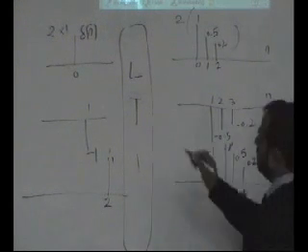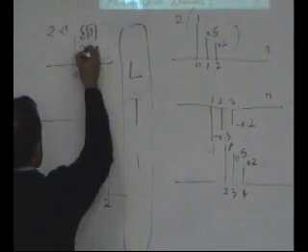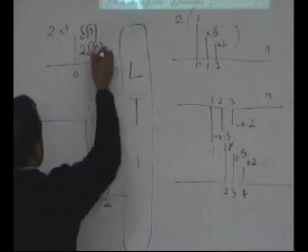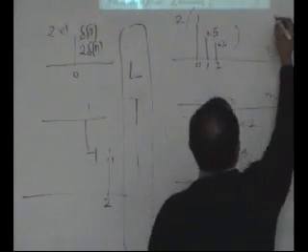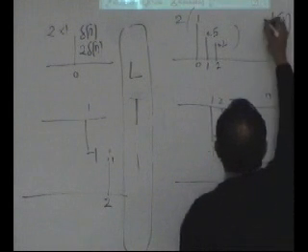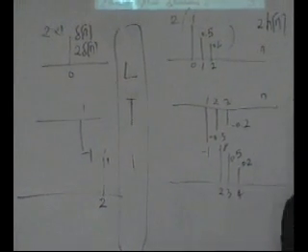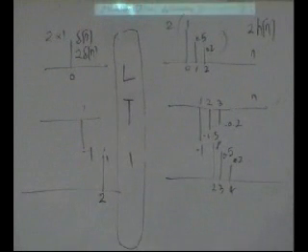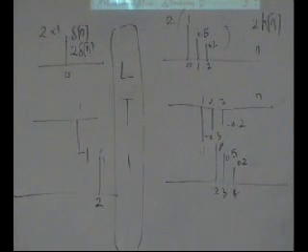Instead of writing it like this, I put a mathematical form to this. This is 2 delta of n. If I put delta of n into the system, my output is h of n. Let me give the output a name, h of n.